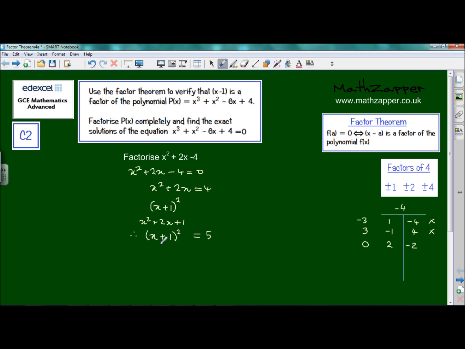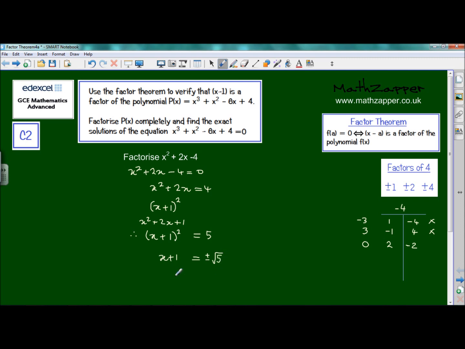All we need to do now is square root both sides. So the square root of x plus 1 all squared is x plus 1, and that is equal to, importantly, plus or minus the square root of 5.